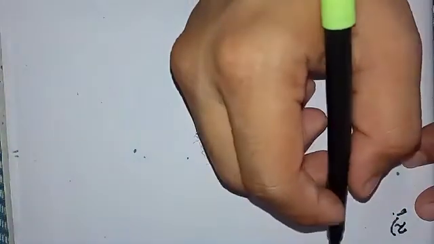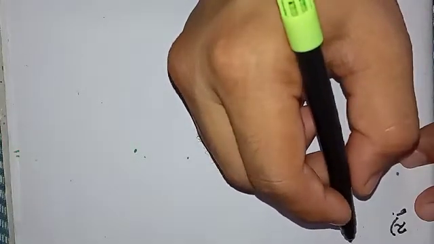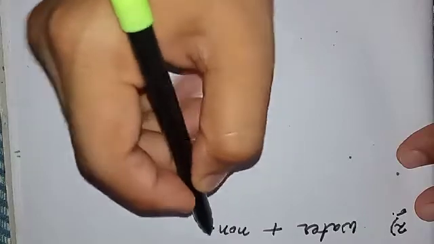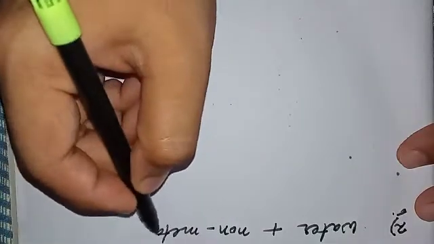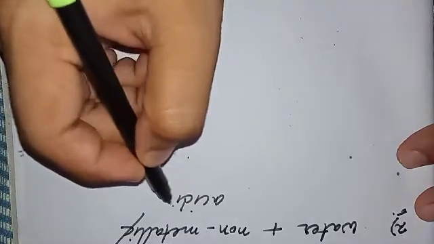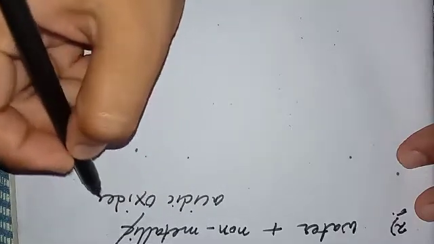Now in this video I am going to explain the next method in the list, that is water plus non-metallic or acidic oxides.